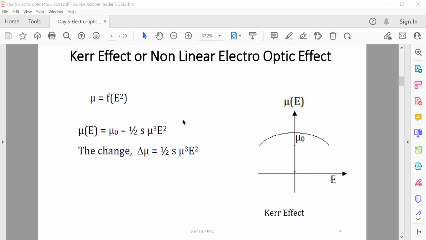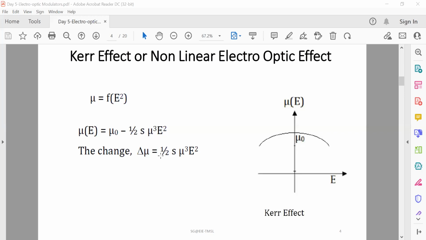Here also the change is very small, so it is expressed in a Taylor series, and the equation can be written as this one, where S is called the Kerr constant of the material.